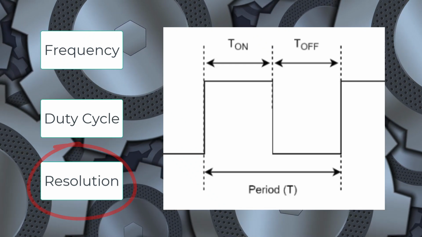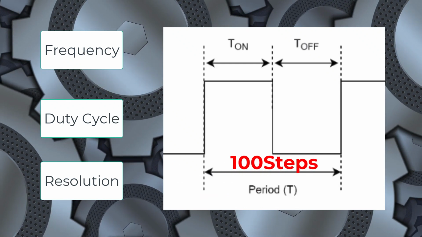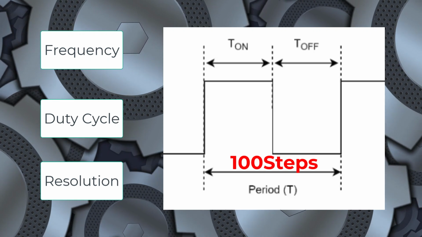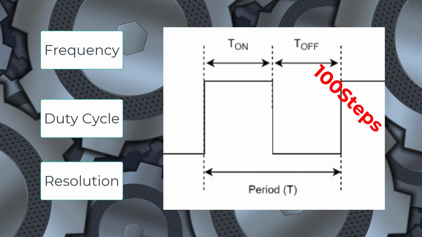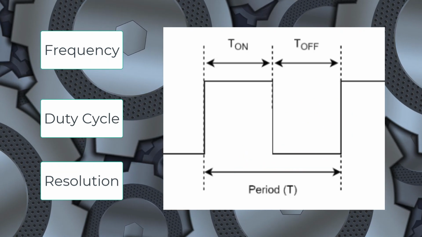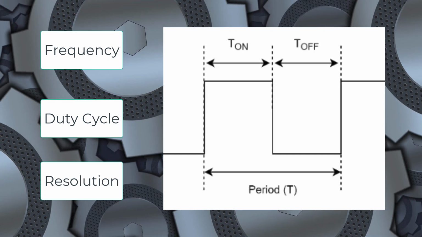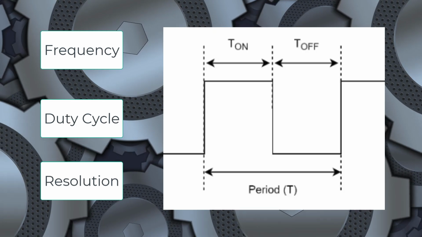How many steps can you take? And in this application we are going to use 100 steps. So that means for one period we have 100 steps in total. So these need to be divided between both the T on and the T off. So for the 30% application, we have 30 steps for the T on and 70 steps for the T off.